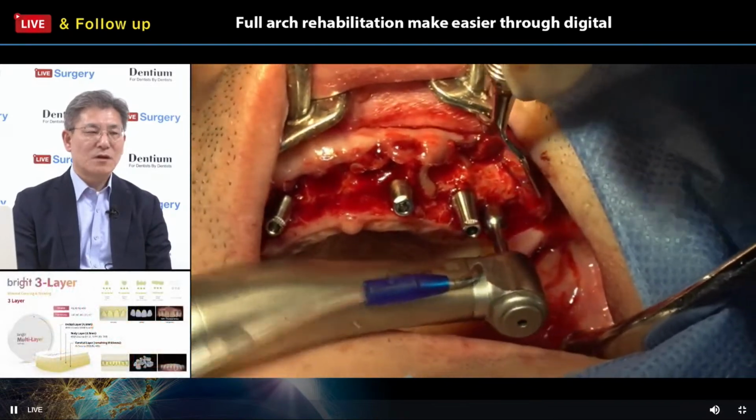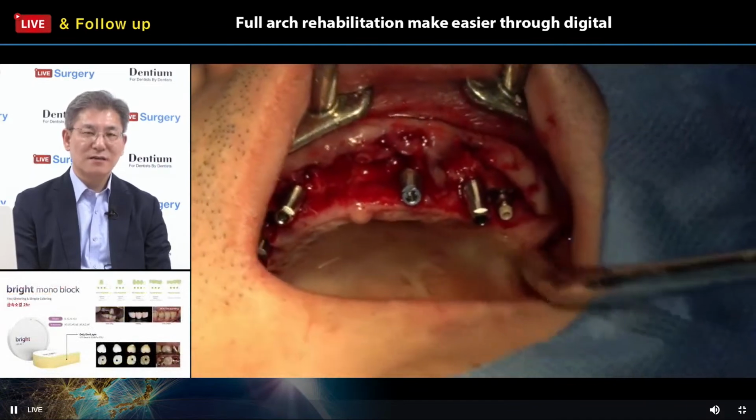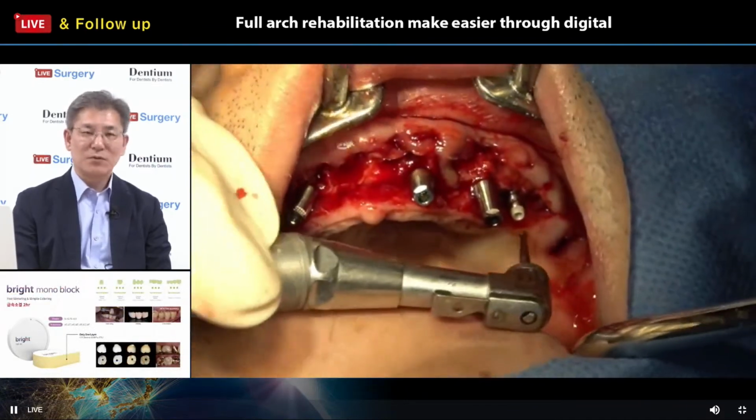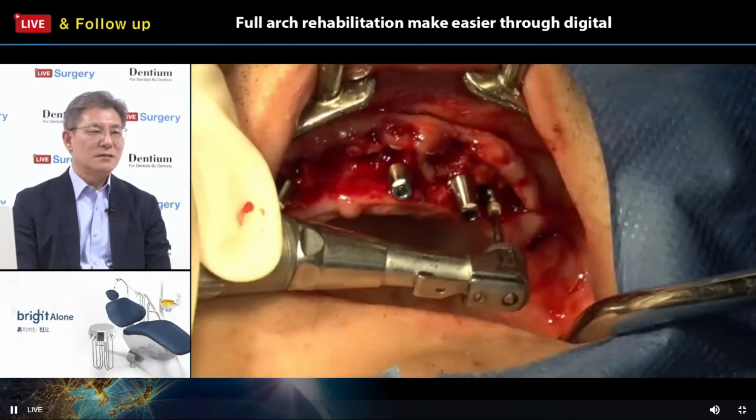So, because of this action, the sinus floor is not perforated. So the bone chip protects the sinus membrane from tearing, and also moves a little bit upward into the sinus cavity site.